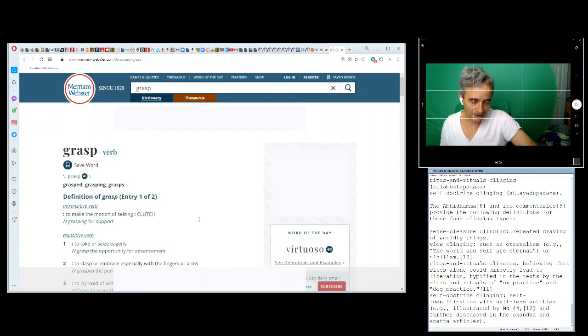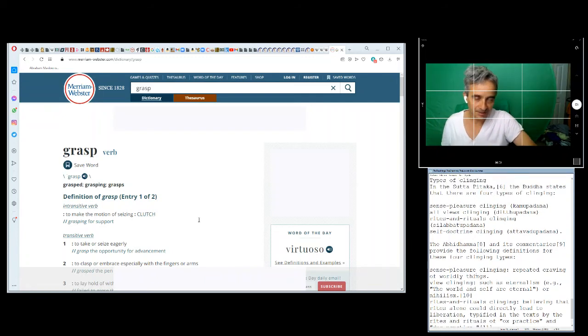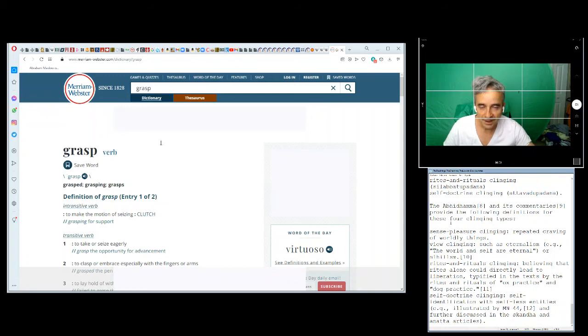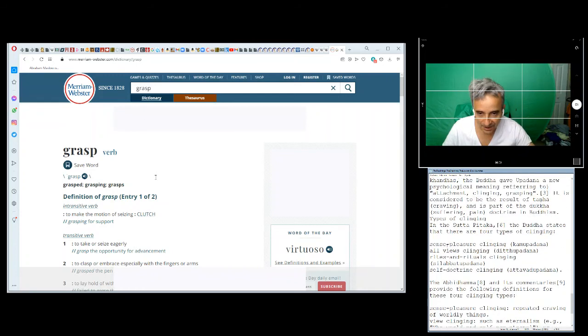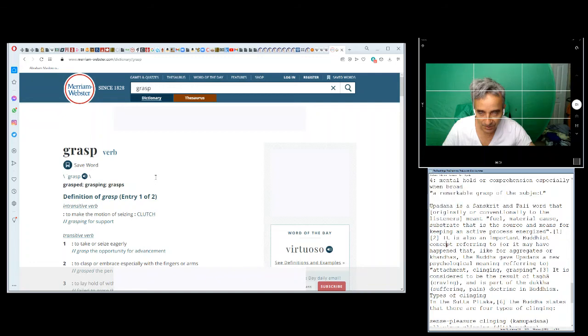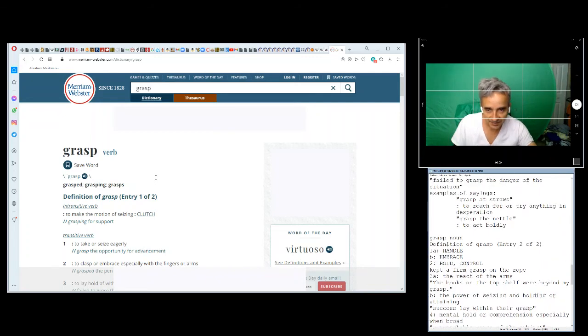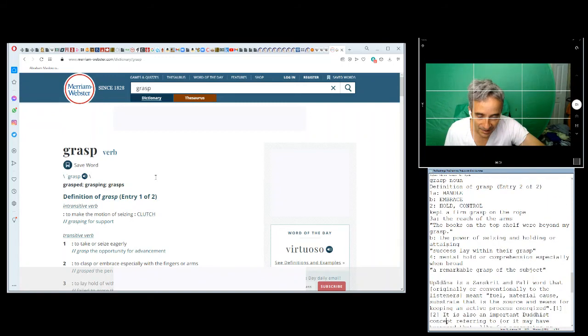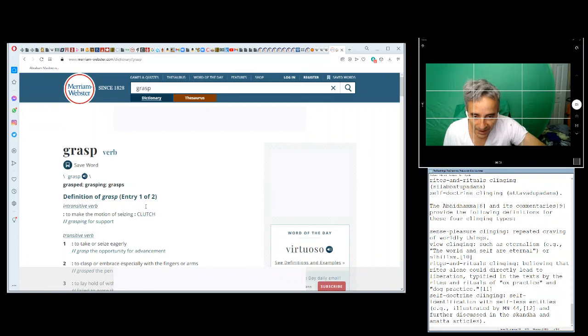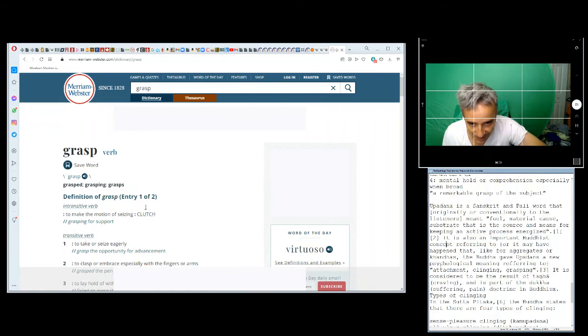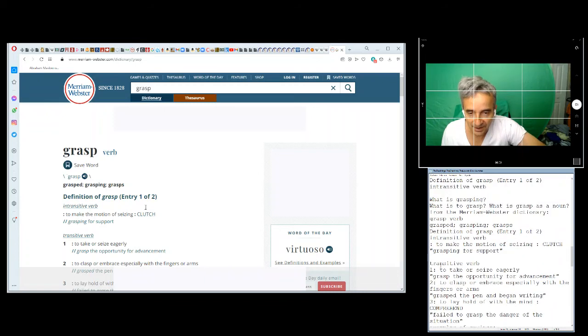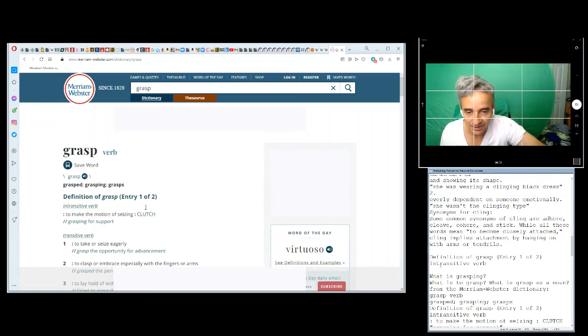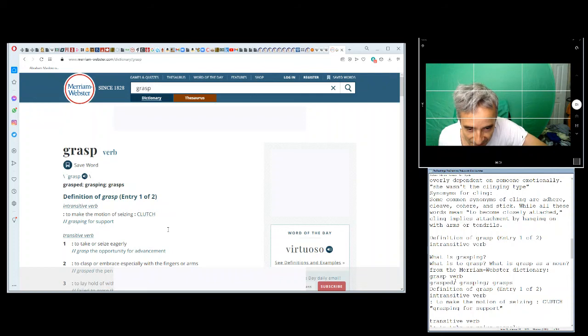But that's not what we were striving for. The more psychological meaning is overly dependent on someone emotionally. She wasn't the clinging type. So should we say that therefore the 5 aggregates are aggregates that have to do with being overly dependent emotionally on someone or something?